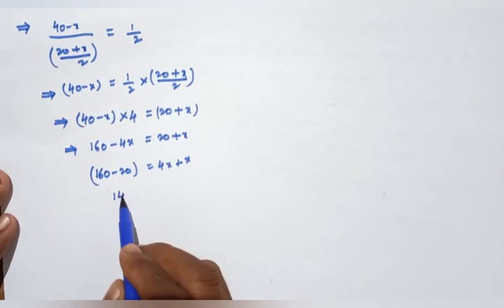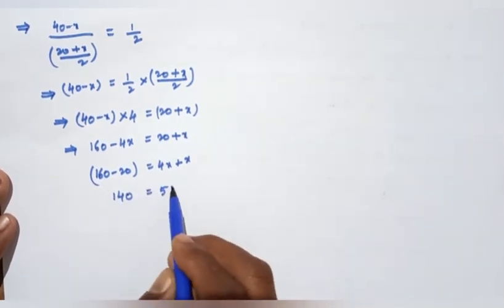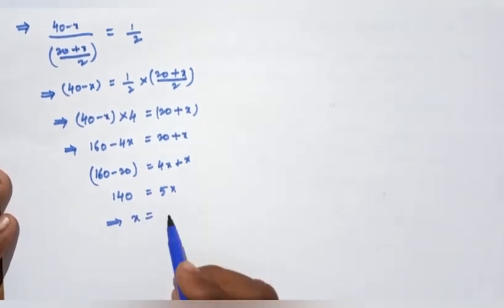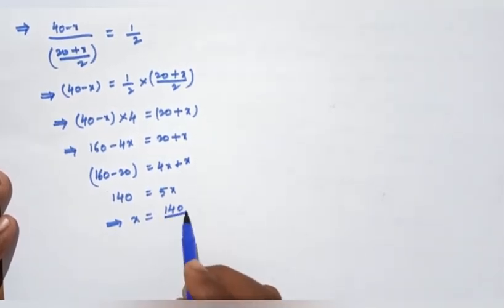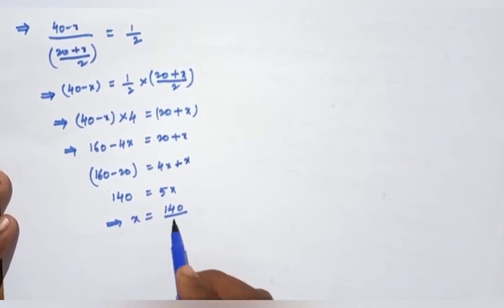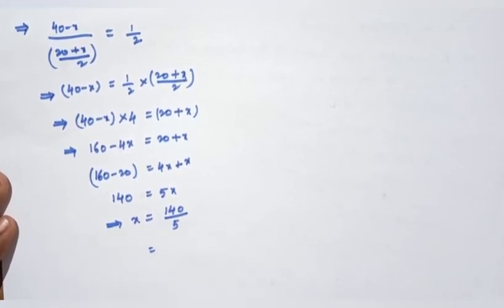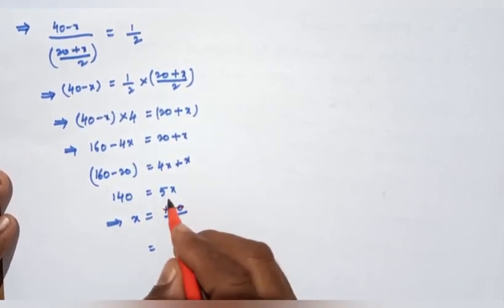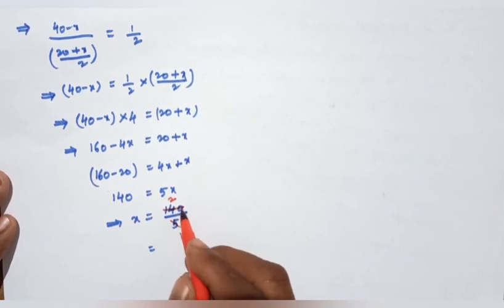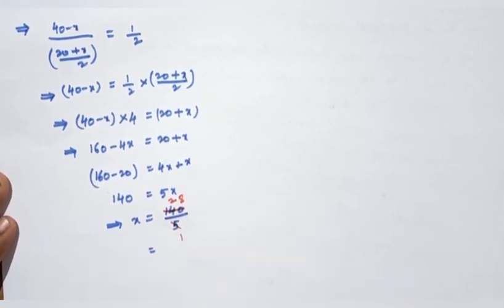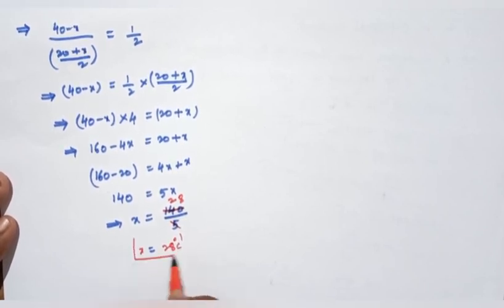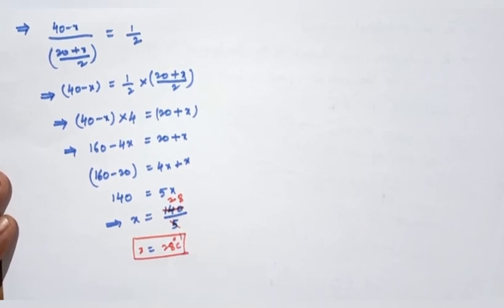So 140 equals 5x, and then x equals 140 by 5. 5 ones are 5, 5 twos are 10, remaining 40, 5 eights are 40. So the unknown temperature value is x equals 28 degrees Celsius.